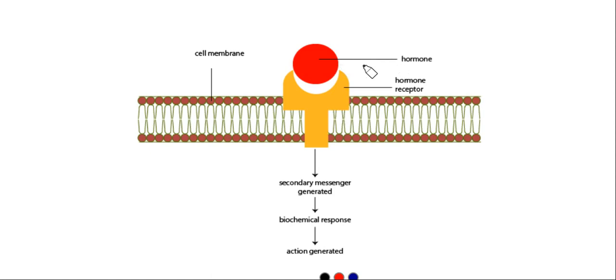This hormone comes and fits into the receptor, and a secondary messenger is generated. That can be a calcium ion, and a biochemical response is generated. This messenger reaches the nucleus and performs a certain action. The nucleus then signals the cell to generate the action that it was called for. So this is how hormones actually go into the target cell and target specific organs.